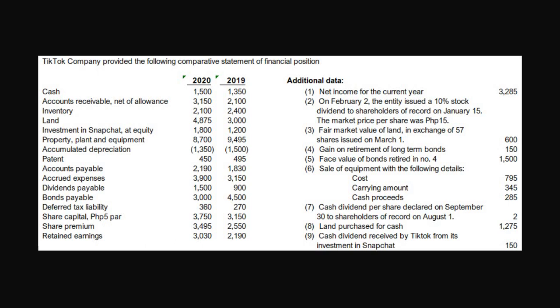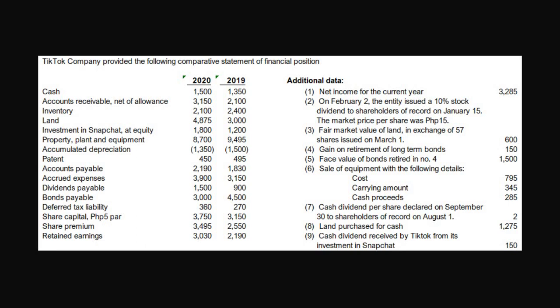Because for us to prepare the statement of cash flow under the direct method, we need to determine the nominal accounts that appear in the income statement. But since there is no income statement, we cannot determine the nominal accounts related to the operating activities. We can only prepare the indirect method approach for the cash flow statement.